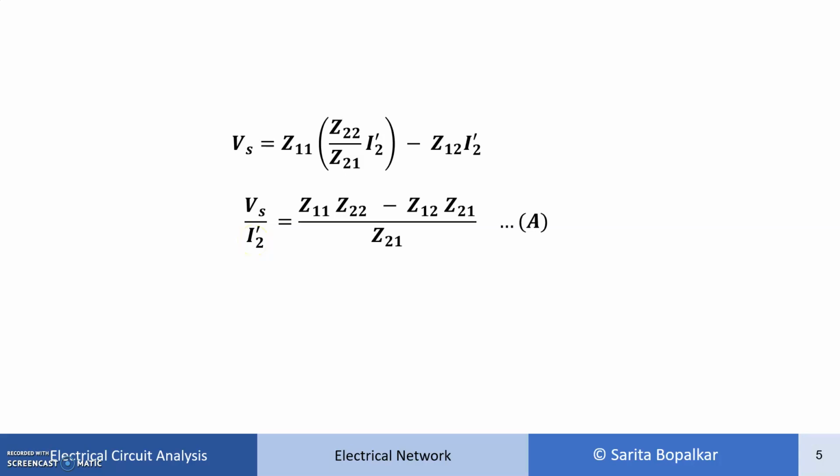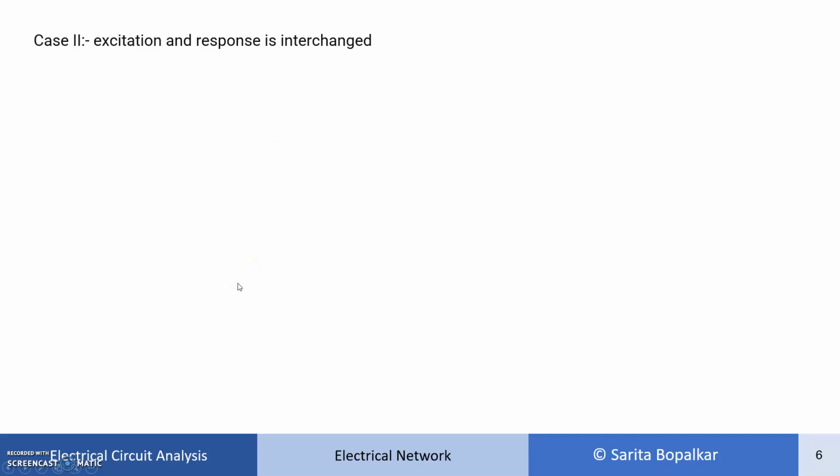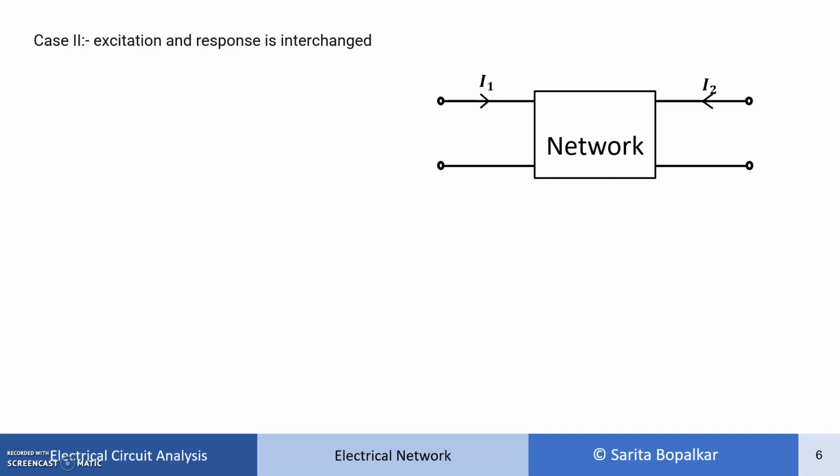Now we'll interchange this condition of excitation and response. That means excitation will now be applied at the output port and response will be measured at the input port. Let's see case 2. In case 2, excitation and response are interchanged.